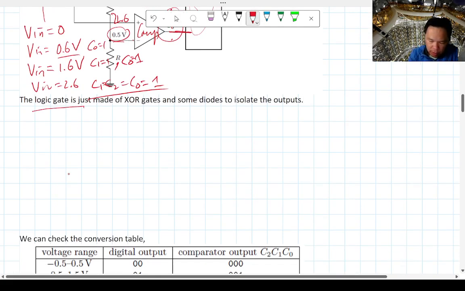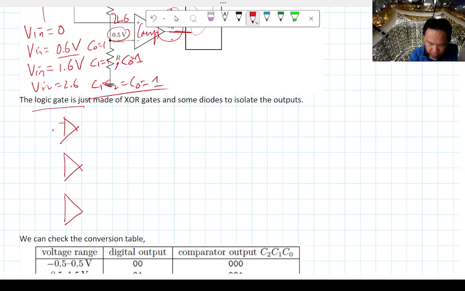So you have these 3 comparators, right? I'll do a pretty simple version of this. Plus minus. I'm not going to draw the resistor chain because that's just going to turn into a big mess, right?